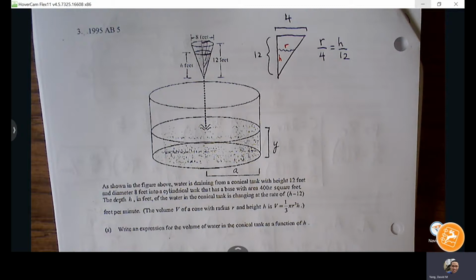Push the h on the process, and that's not wrong. I want to solve for r, because you want the h's to be there.